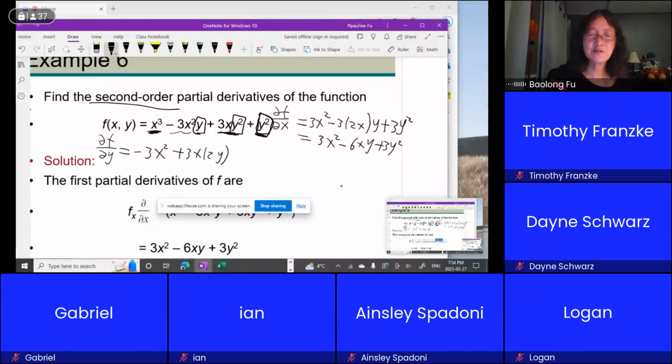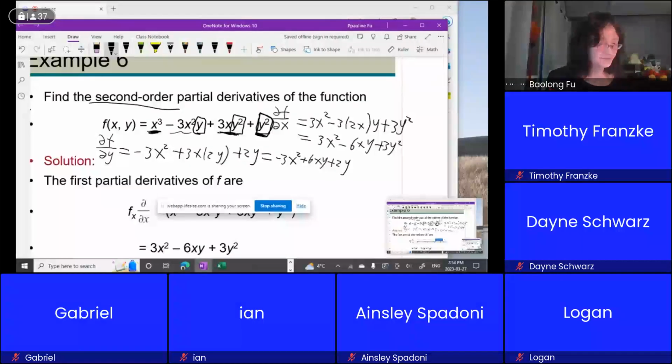Then derivative of y squared is 2y. Then simplify, I get this is the first order.